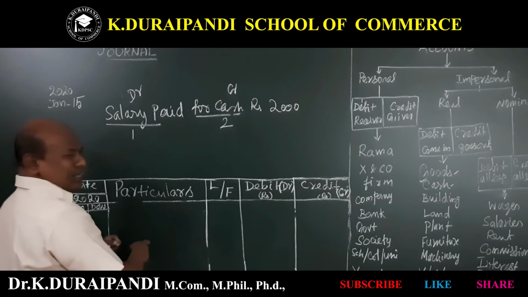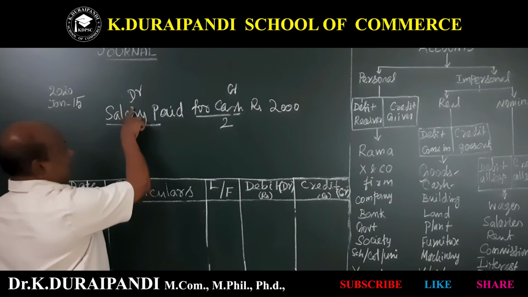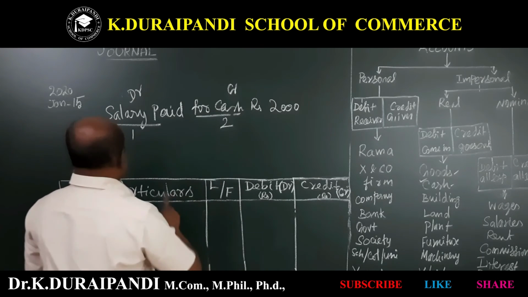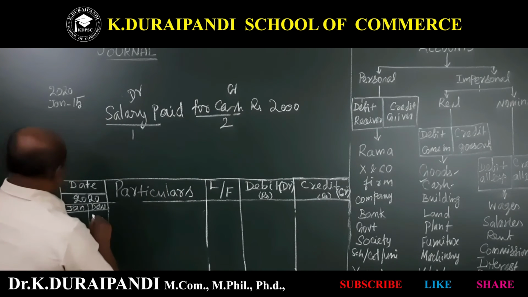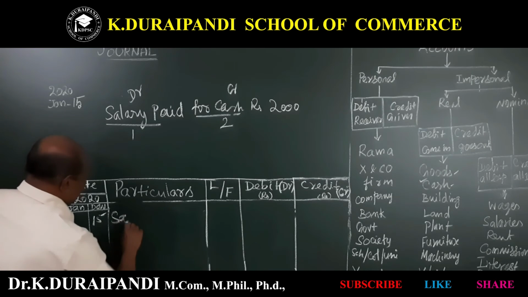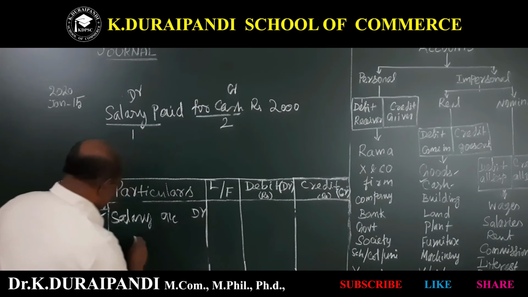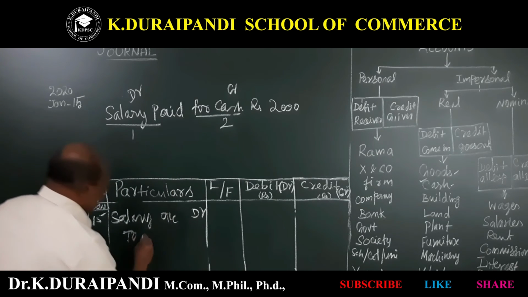Now we have to write a journal. First you write the debit aspect, then the credit aspect. Salary account debtor to cash account.